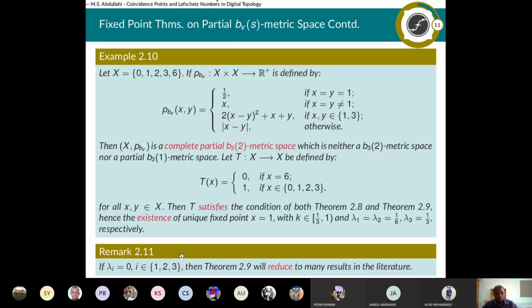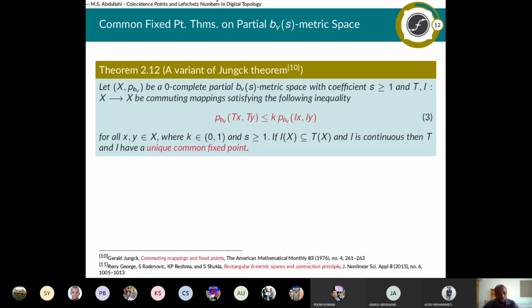So when we have these lambda i's, some of them going to 0, then theorem 2.9 will reduce to many results in the literature. Another thing we also consider in this direction is the notion of common fixed point on partial BBS metric space.